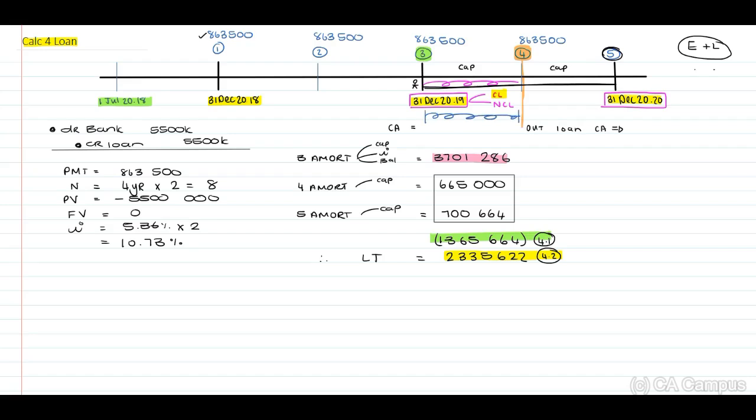Again, with my calculator, I will have to input 4 amort, and this will provide me with the capital portion, then the interest portion, and then the balance portion. Therefore, I'm able to identify my interest portion will be an amount of 198,500, and this is an expense, calculation 4.3.